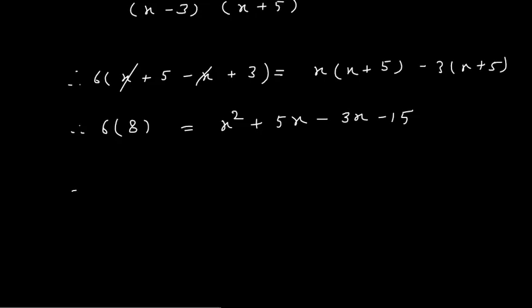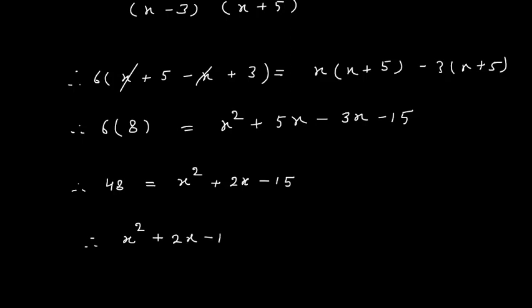So 6 eights are 48 is equal to, here we have x square, 5x minus 3x is 2x and minus 15. So therefore we have x square plus 2x minus 15 minus 48 is equal to 0.